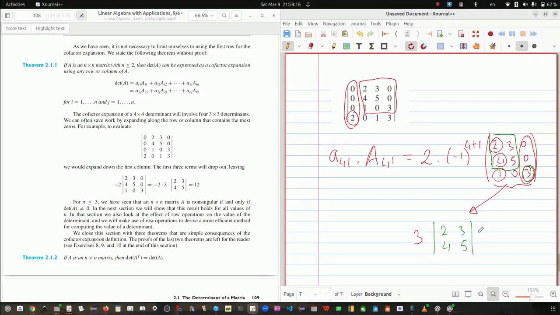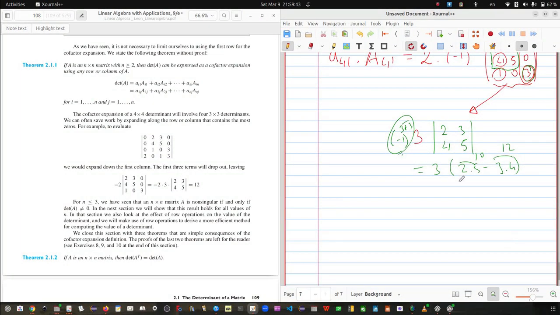But we need a sign also. What is the sign here? This is 3 by 3. It means minus 1 to the power 3 plus 3, it means 6. It is plus. There is no sign coming from this part. This is 3 times 2 times 5 minus 3 times 4, which means 12, 10 minus 2, and this is minus 6, right?